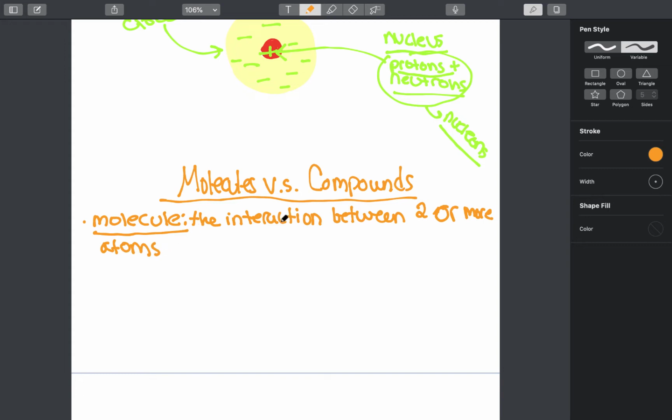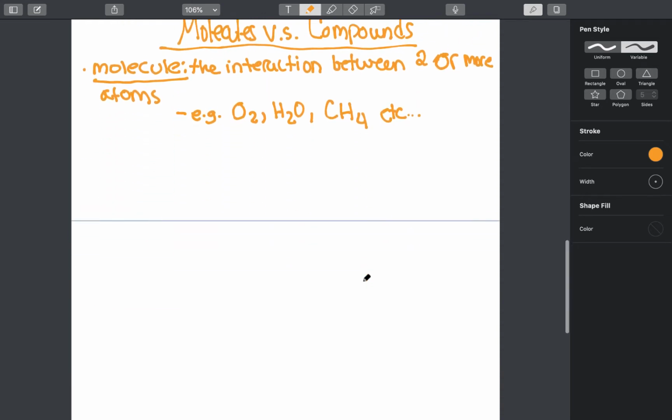So some examples of molecules, e.g., are oxygen gas, water is a molecule, methane is a molecule, etc. So these are all examples of molecules.